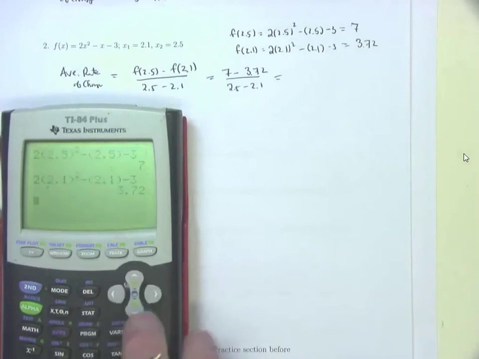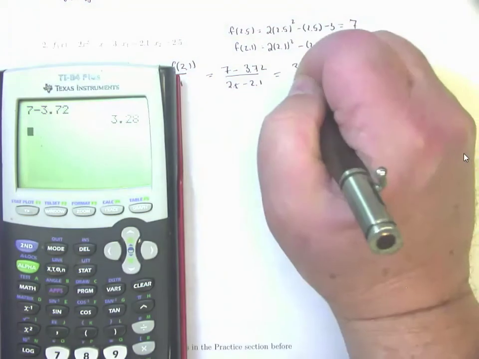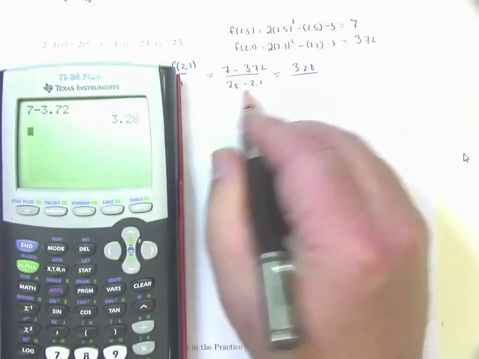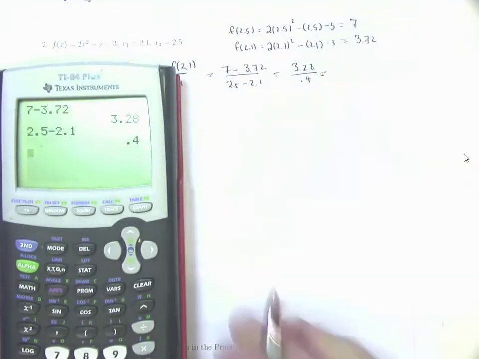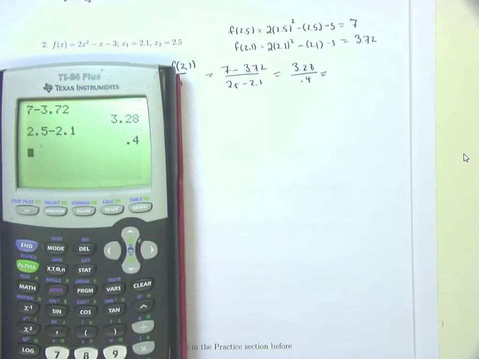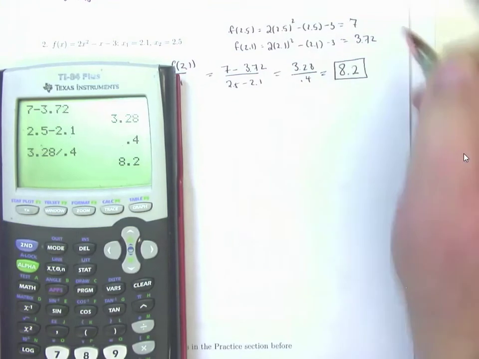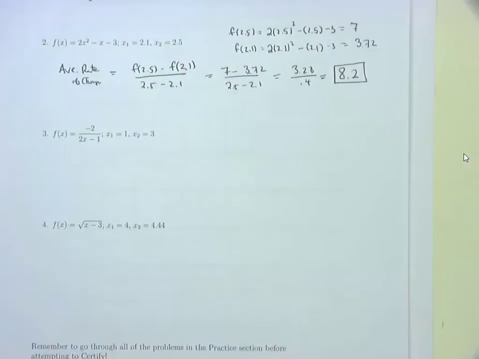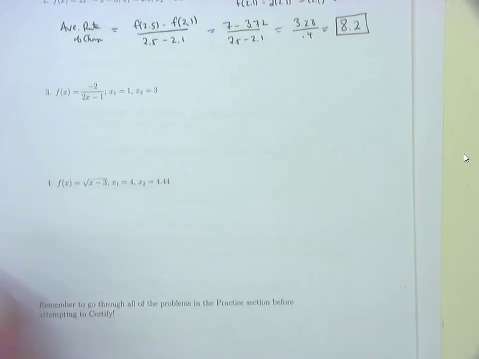So now I'm going to work the numerator. 7 minus 3.72 is 3.28, divided by 2.5 minus 2.1, which is 0.4. And so when I divide this, I end up getting 3.28 divided by 0.4 is 8.2. Does that make sense? And what we're doing is really we're finding the slope between these 2 points.